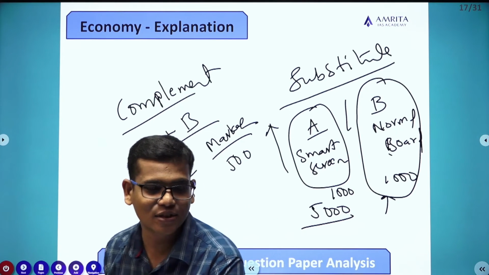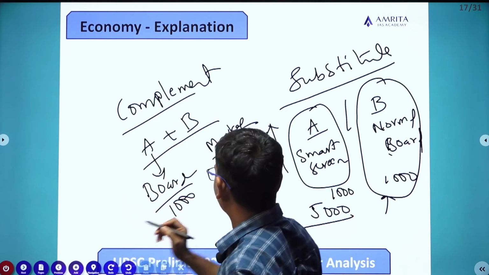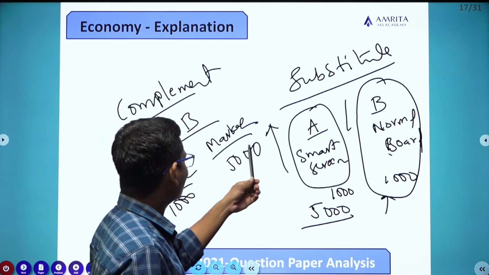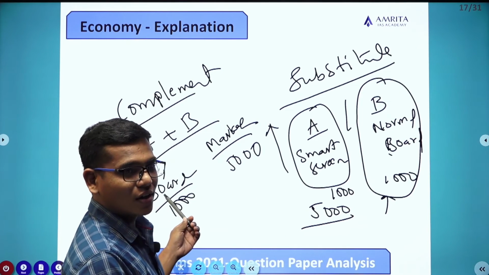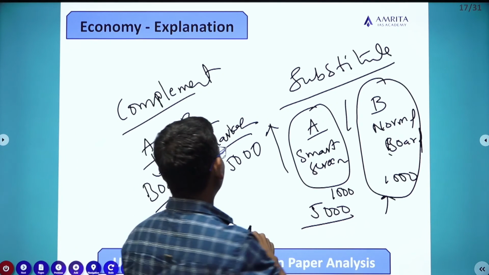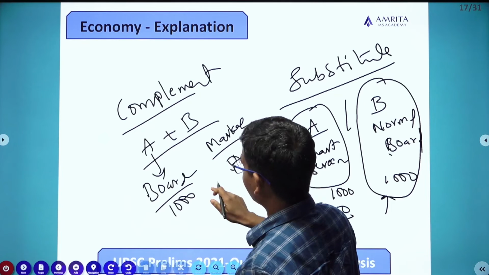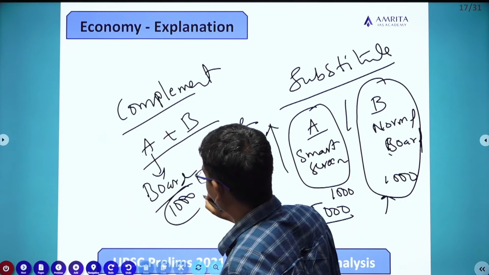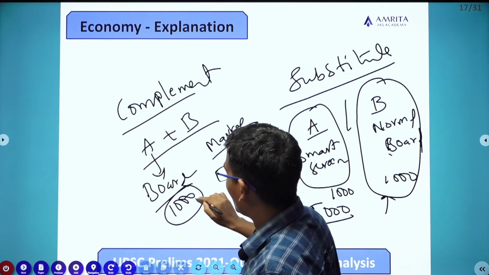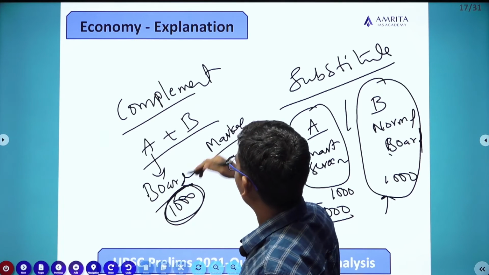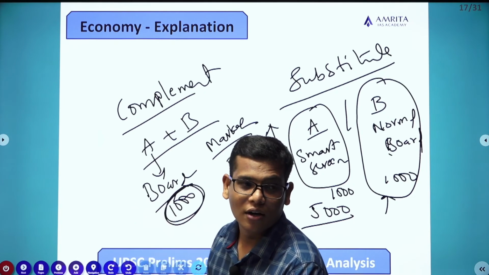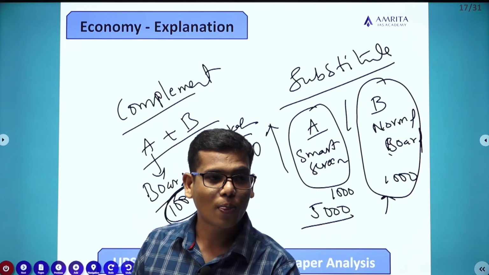Suddenly, because of the specific nature of this marker, it has become 5000. Without the marker you can't use this board. So even though the price of the board has not increased, if the price of the complement increases, there is no demand for this board also.